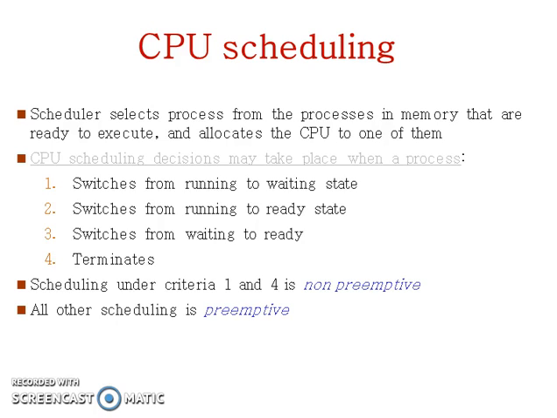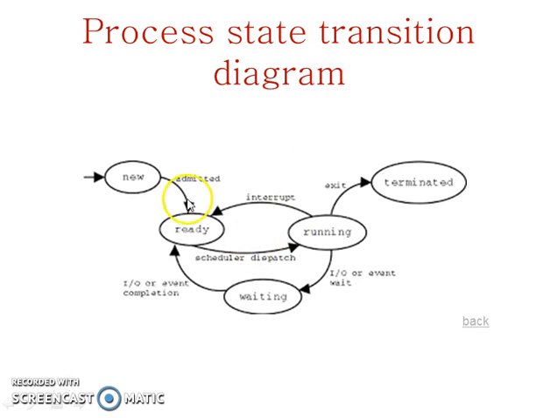Now the CPU scheduling decisions may take place when a process switches from running to wait state. So here a scheduler will play its role.